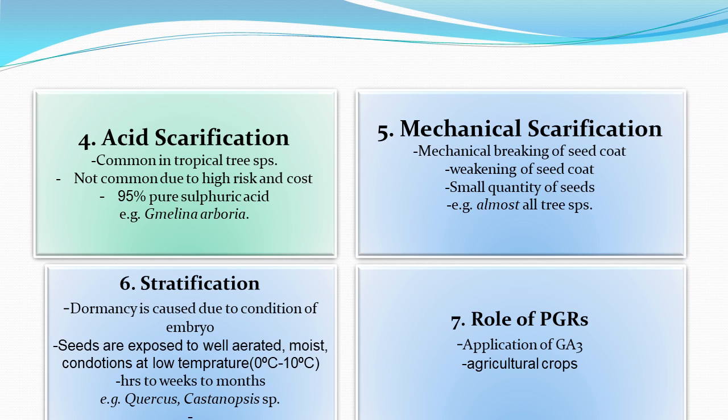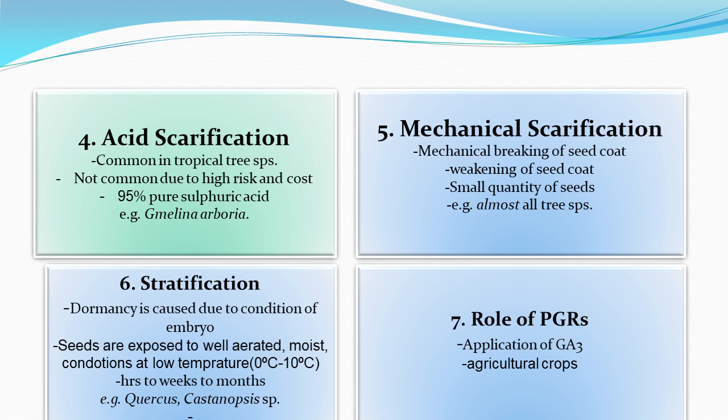This type of treatment is effective in the dormant seeds of Castanopsis species or Cucurbit species. This method is also mainly applicable in Acer species, in which physiological dormancy is present, and the breaking of this dormancy is achieved by means of stratification.